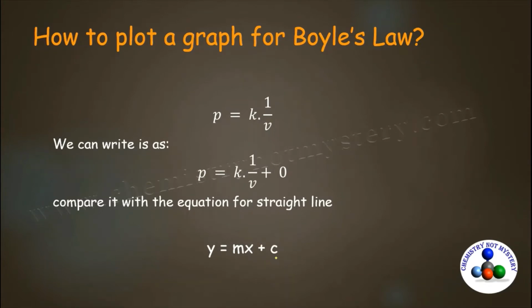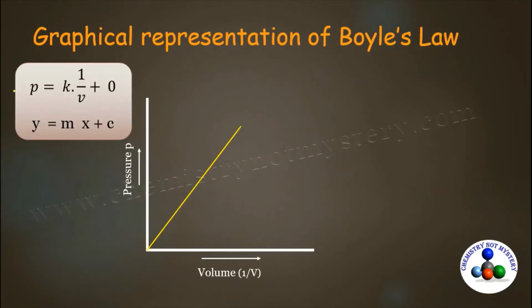When you compare both equations, you can see this equation also represents a straight line equation. On comparing, pressure can be compared with y, K can be compared with m, that is the slope of the curve, 1 over V can be compared with x, and 0 can be compared with c, that is the intercept.